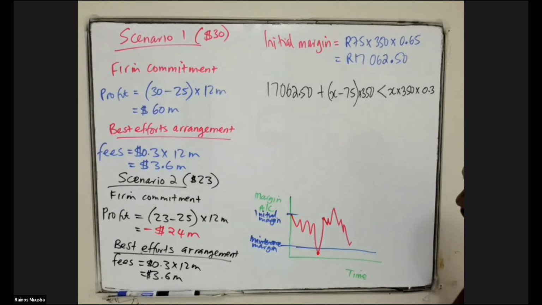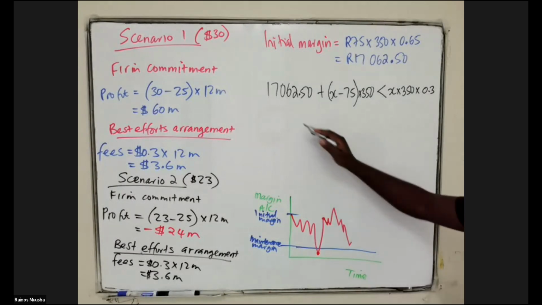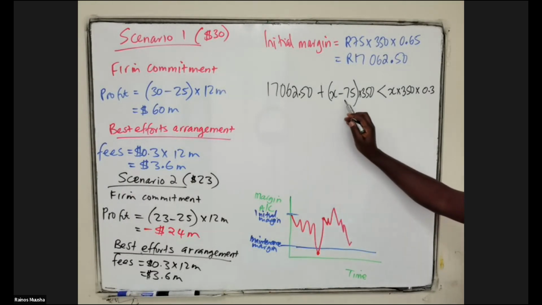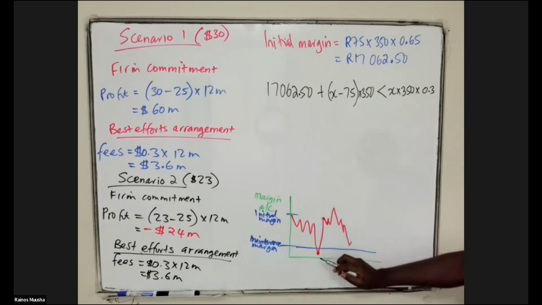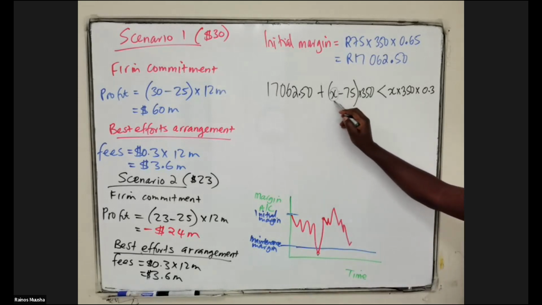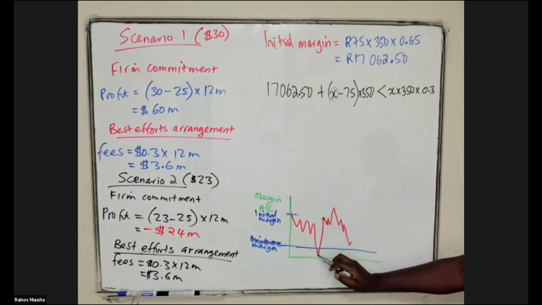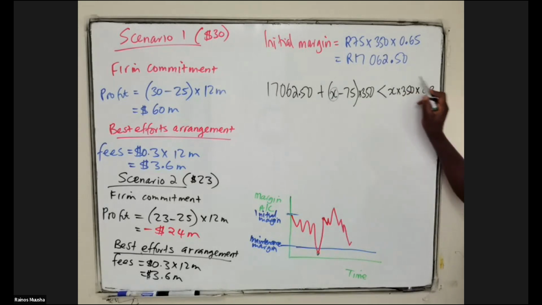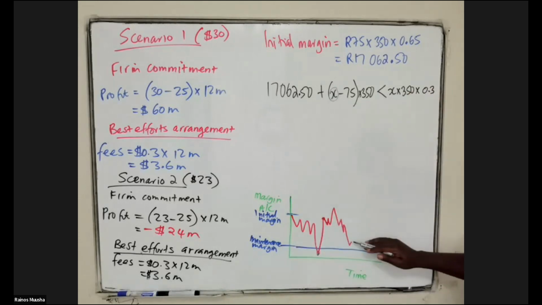So which basically means that if you start off at 17,062.50, which is at this level, when your margin account falls below a certain level, this price X is basically the price which will result in a situation where your margin account falls below a certain level. So this level is where this price also results in a situation where this level would be less than what is supposed to be the maintenance margin.